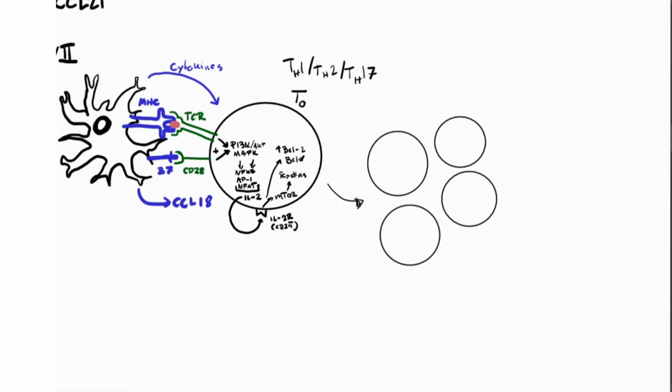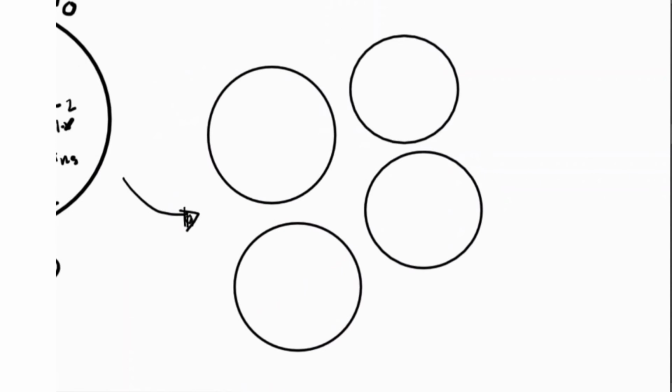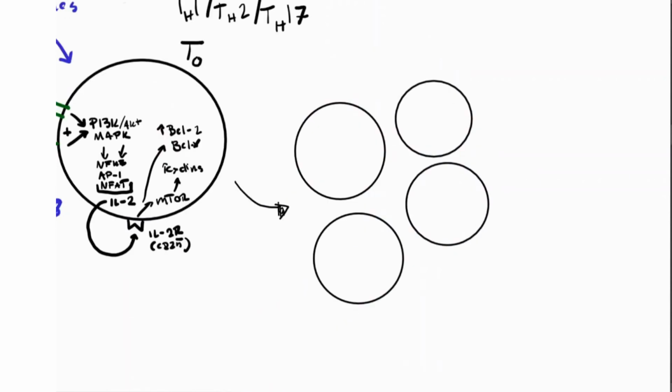These are the effector cells, more or less, and they will start to upregulate chemokine receptors, CCRs.